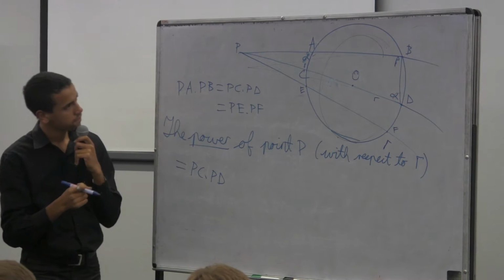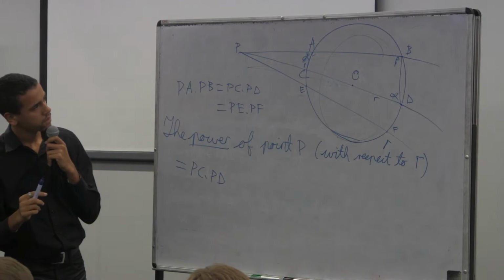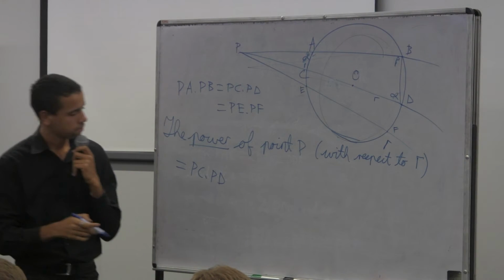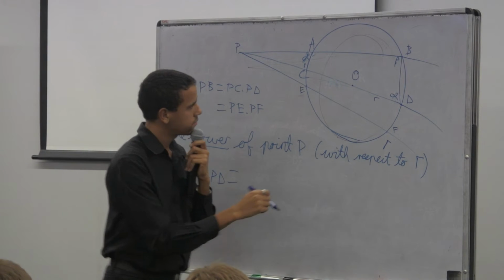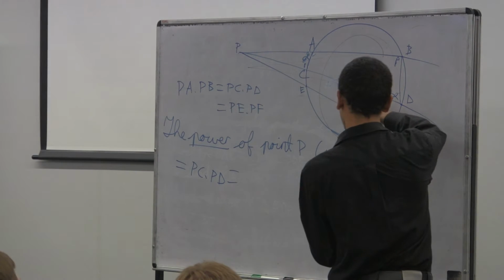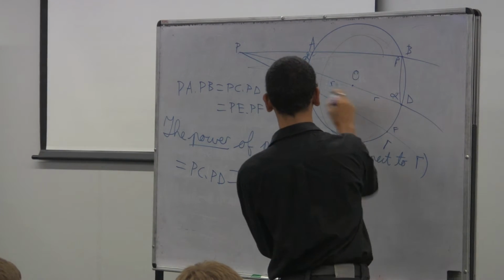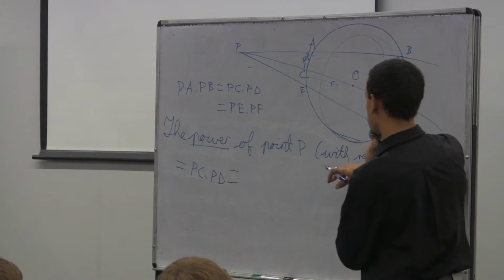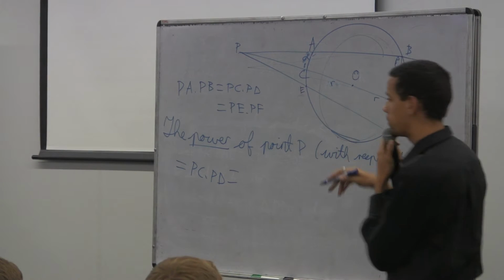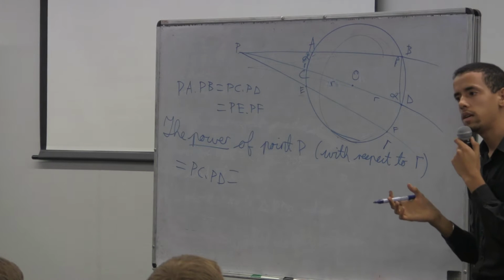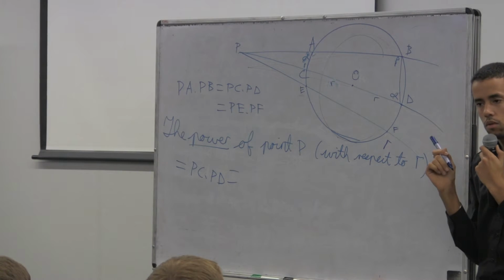Now, seeing as I have this point O, and this is R, and that's also R, let's say the line PD, could I break it up in a way to introduce the point O?